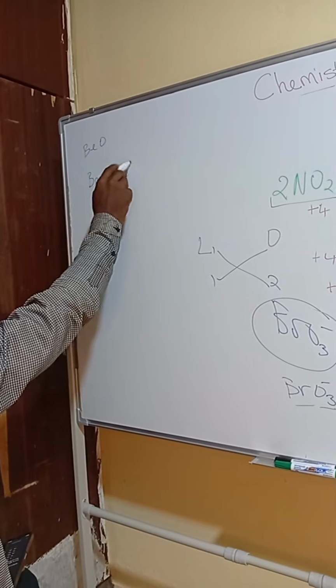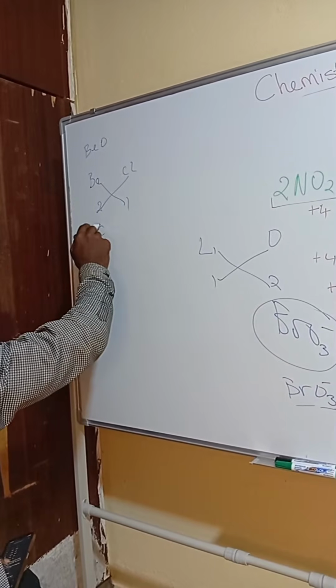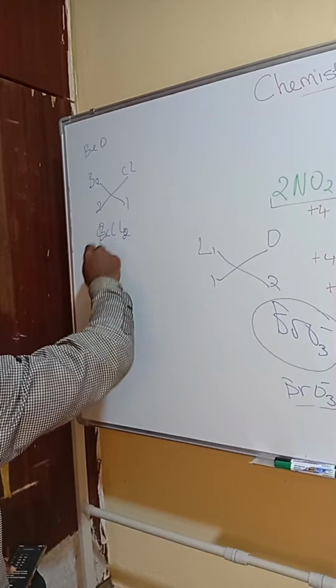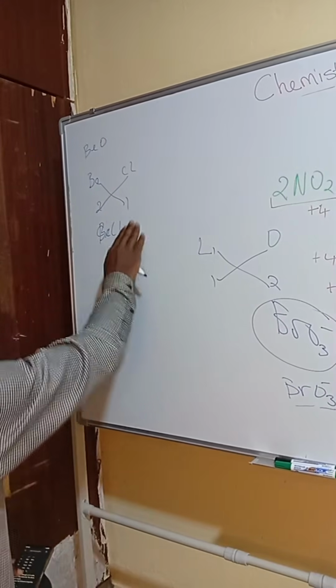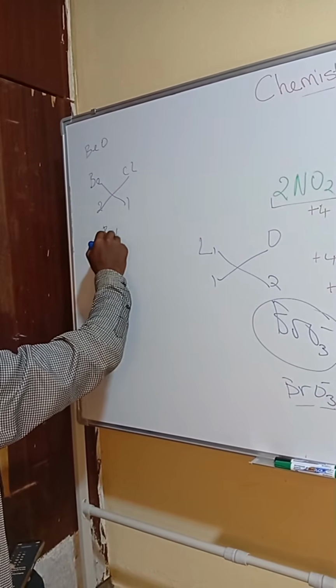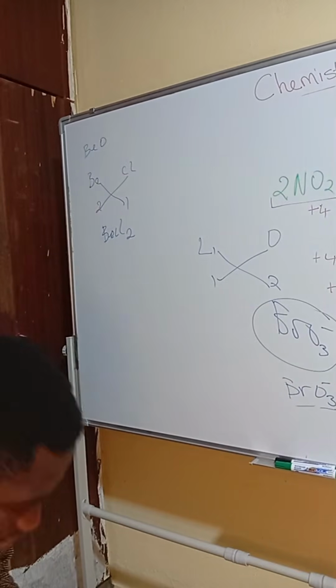Beryllium, chlorine, you have 1, 2, cross multiply, you have beryllium chloride, BeCl2. You go to the next one.